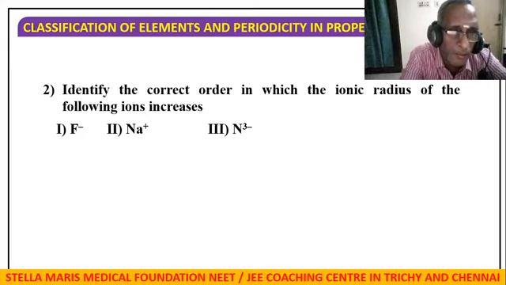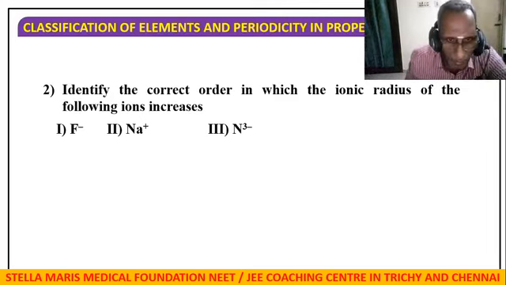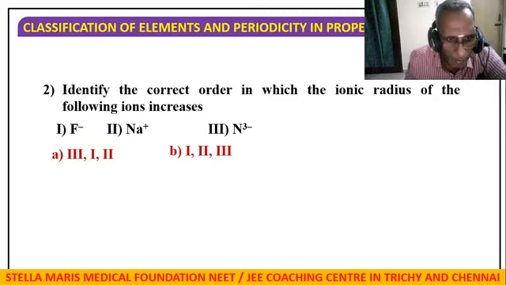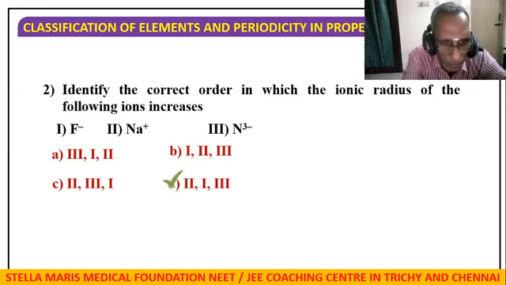The cation is the smallest size. Increases means ascending order. The ascending order of the ionic radius of these species is Na plus less than F minus less than N3 minus. Na plus is option 2, so 2 less than 1 less than 3. That is given in this fashion.